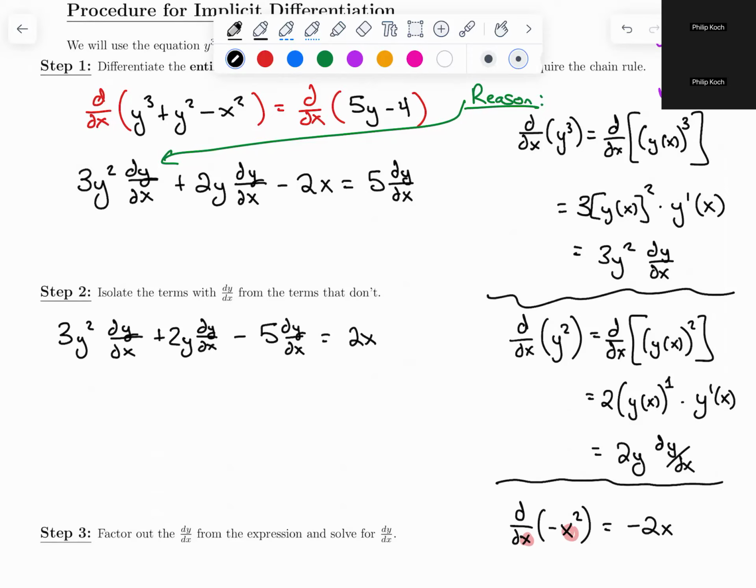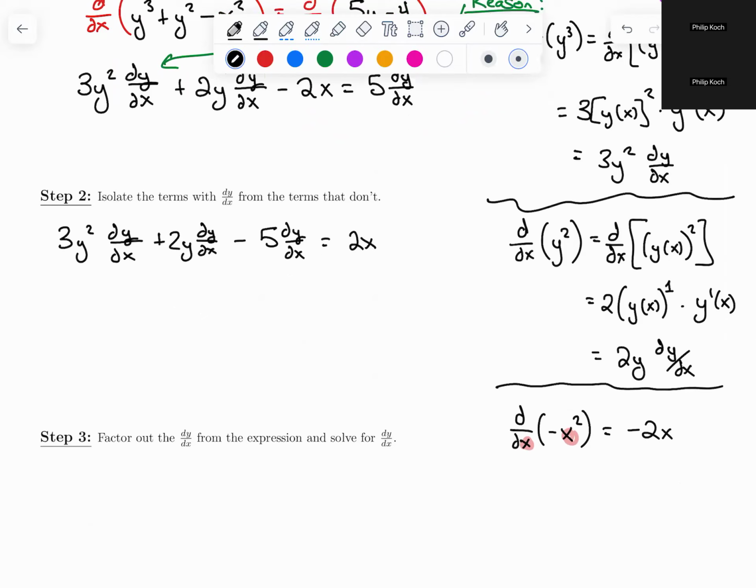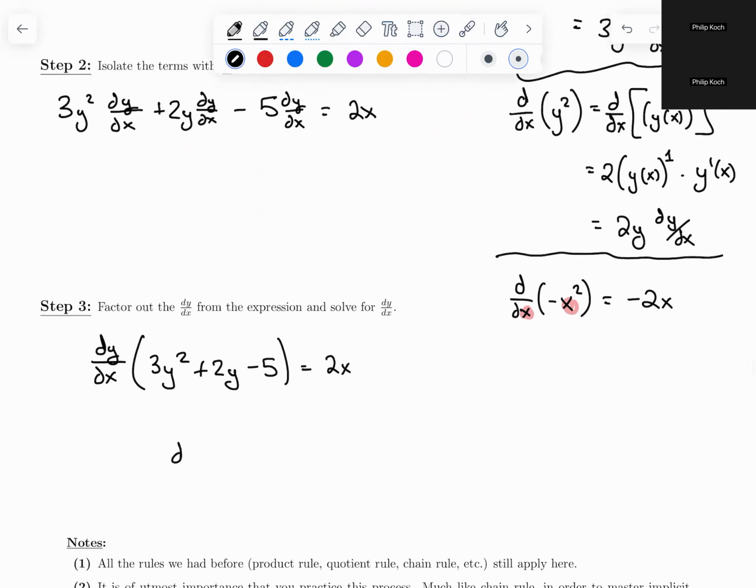Now that I've done that, all the terms on the left have a common factor of dy dx that can be factored out front, and then we can solve. So dy dx, I'm going to factor that out front and get 3y squared plus 2y minus 5 equals 2x. So at the end of the day, dy dx is equal to 2x divided by 3y squared plus 2y minus 5.